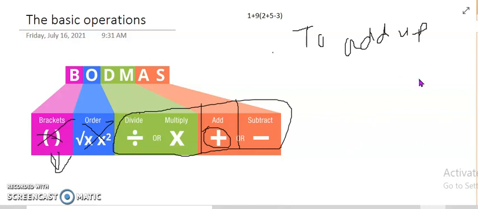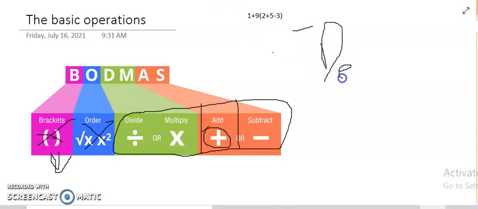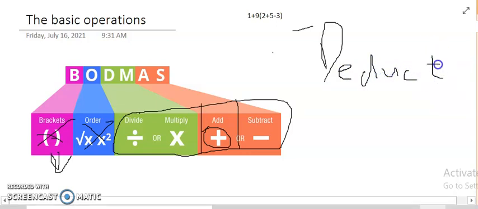So subtraction. The first thing is deduct. If you don't know how to spell it, it's spelled like this. D-E-D-U-C-T. Deduct. Have you ever heard where your teacher says, "I'll deduct marks when you make noise during the exam"? It actually means she will subtract marks from your total score.